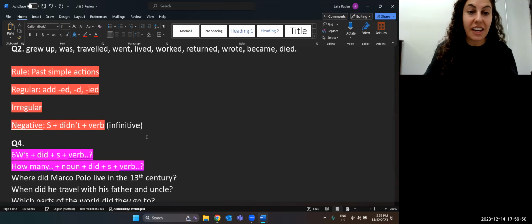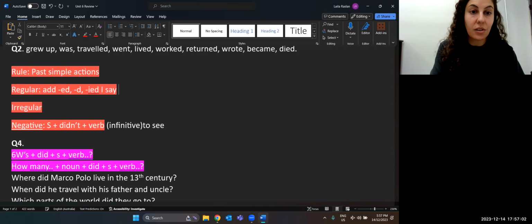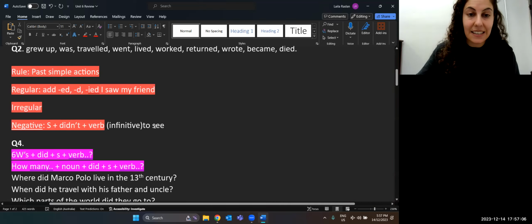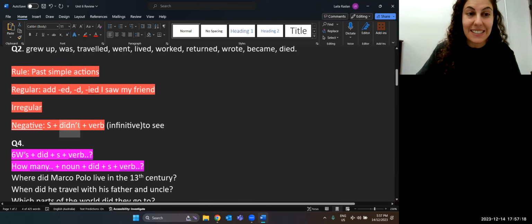That means we don't change the verb. So to see, we say, I didn't see my friends yesterday. It's different to when I say, yesterday, I saw my friends. Yesterday, I didn't see. Because in the positive sentence, I need to change the verb into the past. But in the negative, I don't need to change the verb because the didn't is what shows me that it's in the past. You can only change one verb.